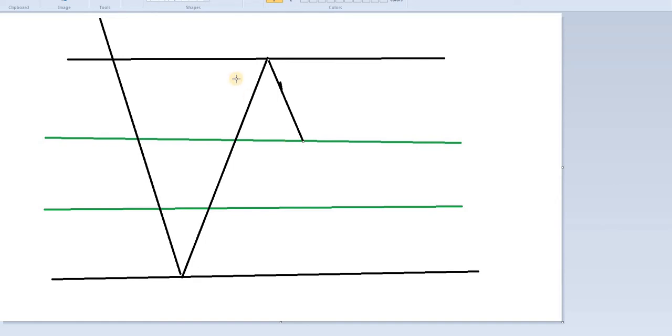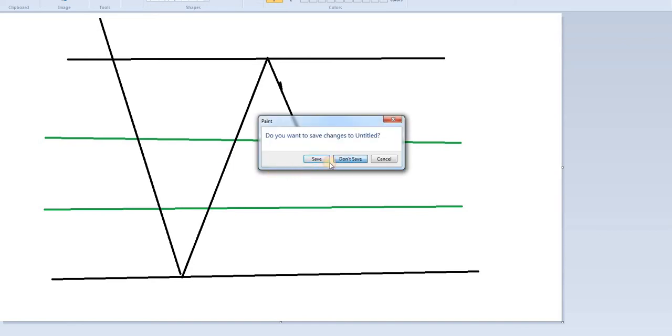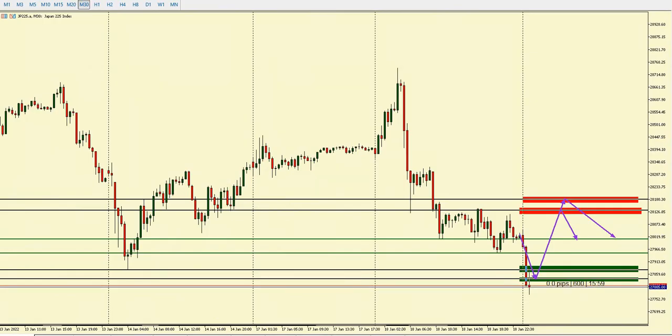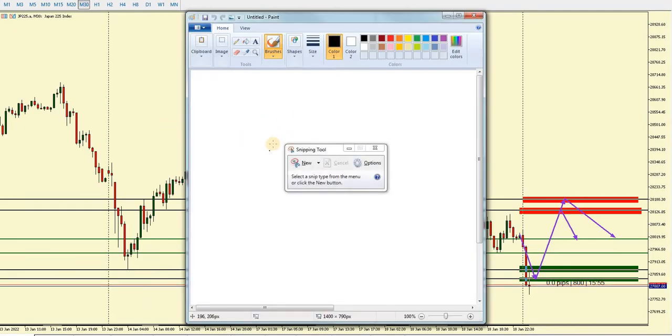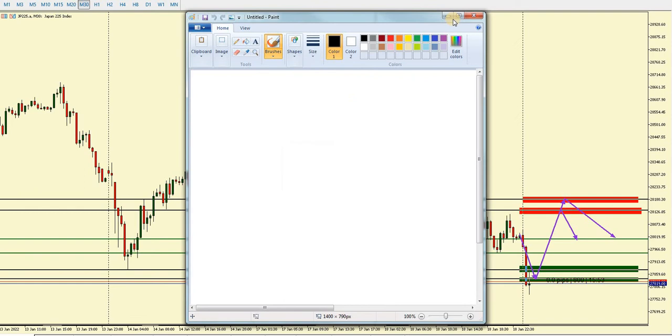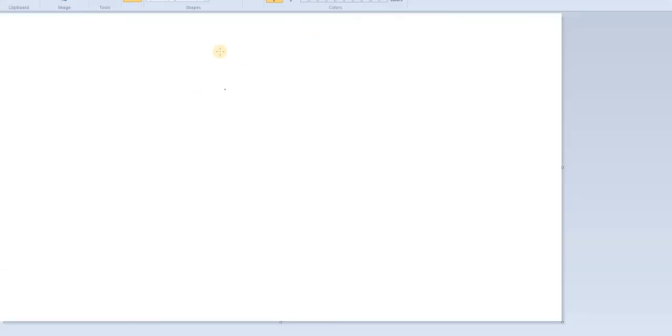So when we're talking about the selling zone, I'll show you what I mean. The selling zone is this. We have two horizontal red lines on the chart, so you can recognize that we are in the selling zone.